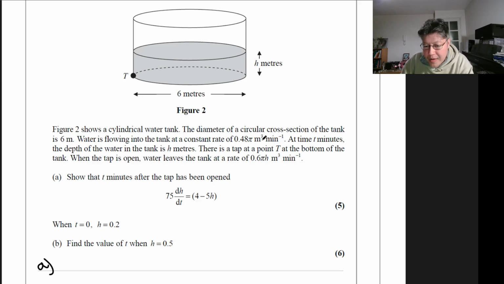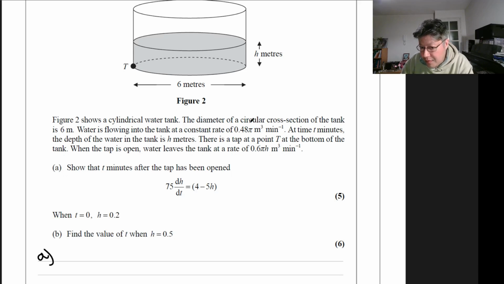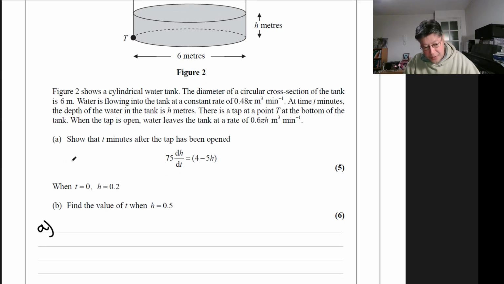So that's dV/dt, the rate of change of volume with respect to time, and we're told it's flowing in. So we can put that down as dV/dt equals positive 0.48 pi. Positive because we were told it's flowing in.